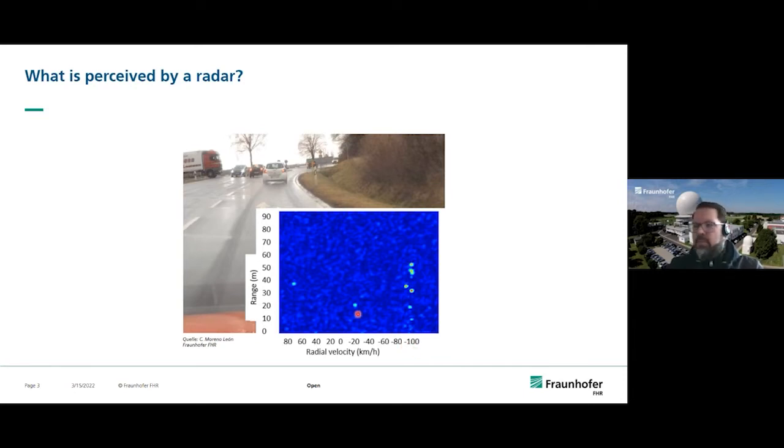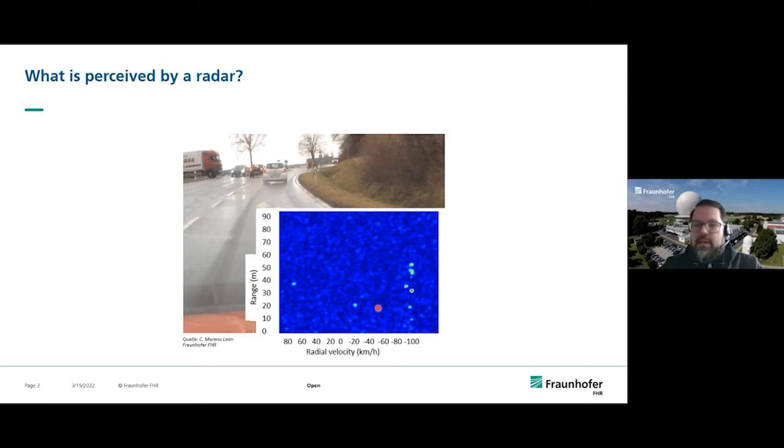And we also see some reflections from other objects like this one here. So this is in relation to us driving at 100 kilometers per hour, and this vehicle is driving at 20 kilometers per hour, which actually means that we have a certain difference in velocity to this vehicle, a difference of exactly 80 kilometers per hour.